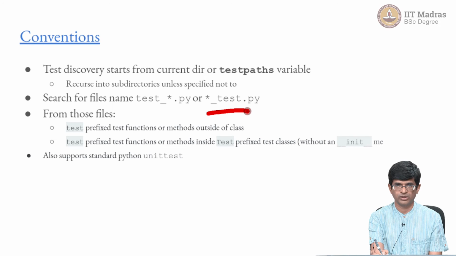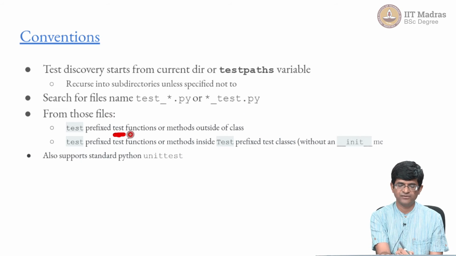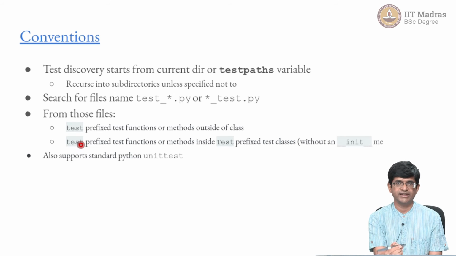Both of those it looks for. And inside those files, if there is any function or method which starts with the word test, or if there is a method inside a class and the class itself starts with Test with a capital T, and the function starts with test, then it will all be treated as a test.